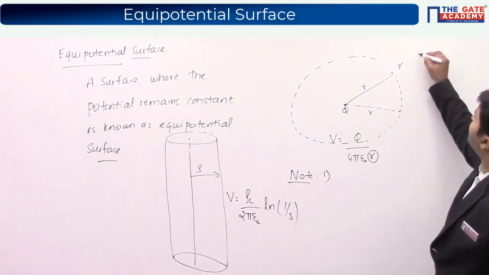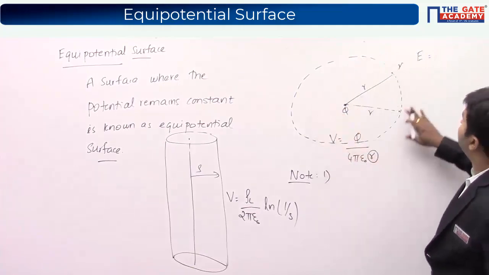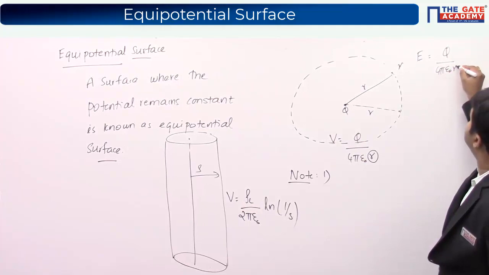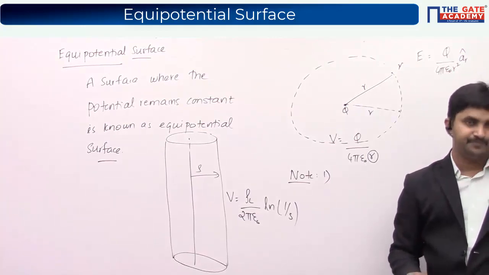What is the direction of the electric field? For the same concept, the electric field is given by Q divided by 4 pi epsilon naught R square in the radial direction. Yes or no? This is the corresponding electric field formula.